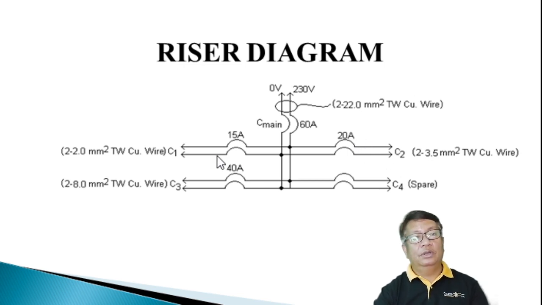You will also assign the size of your conductor with the type of conductor that you're going to use. For C1, we have 2.0 mm squared TW, and so on. So just refer to your schedule of loads, then you can label all these things here.